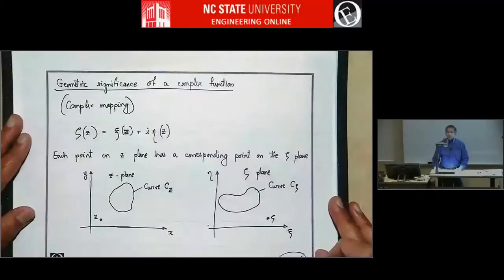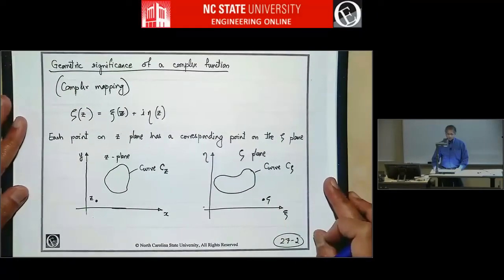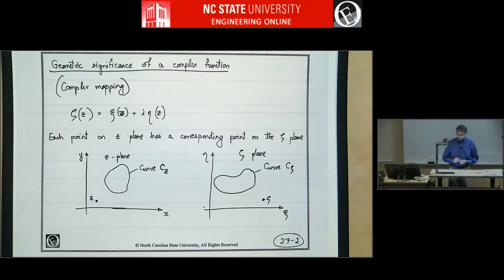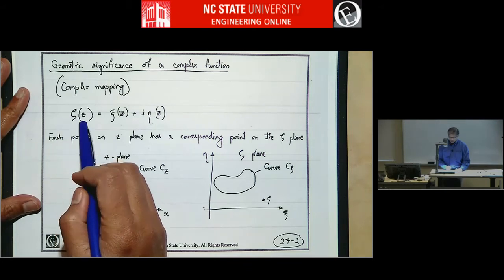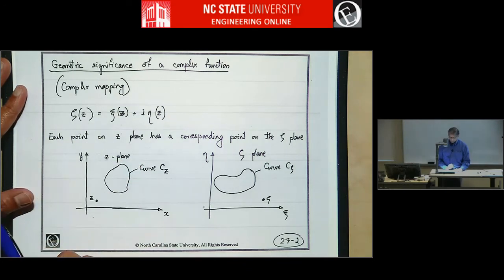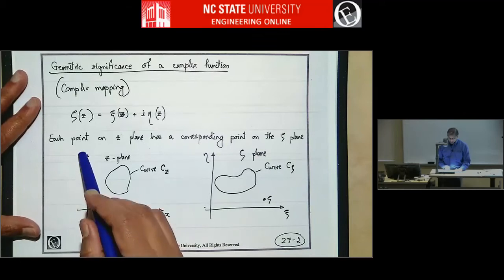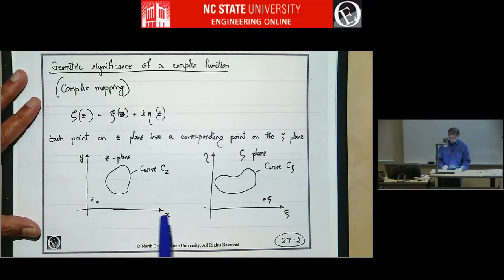Okay, so we talked about complex functions, and there is also a geometric significance to this, and this is called complex mapping. Suppose we take a complex function zeta of z. Imagine a z plane, so z is x plus iy.